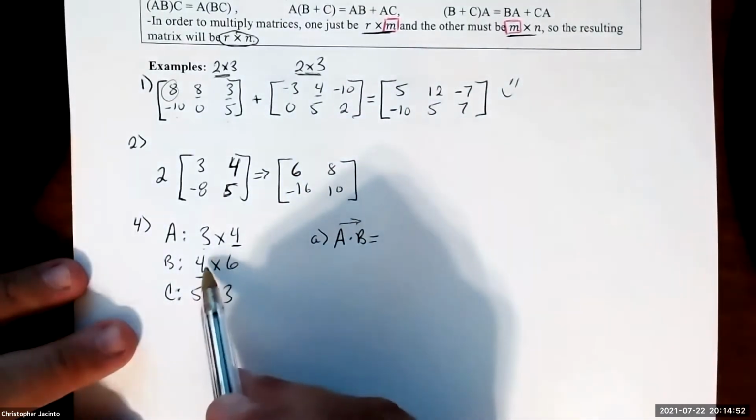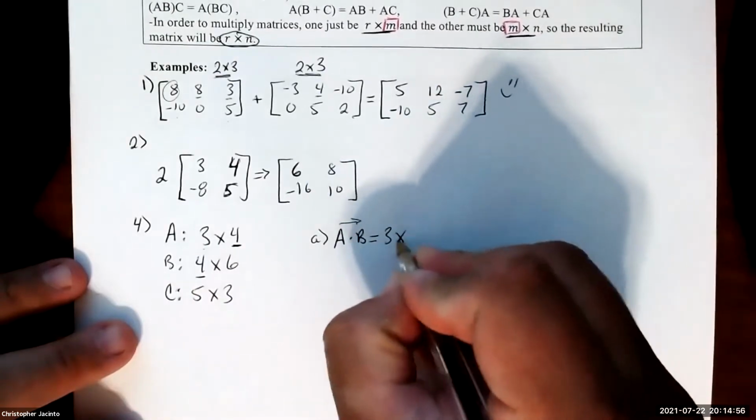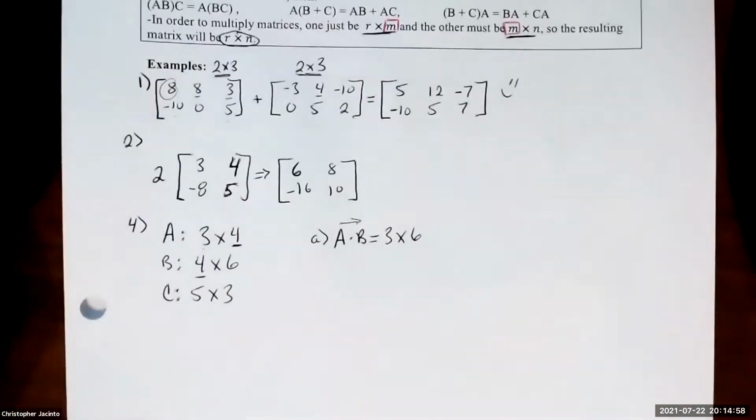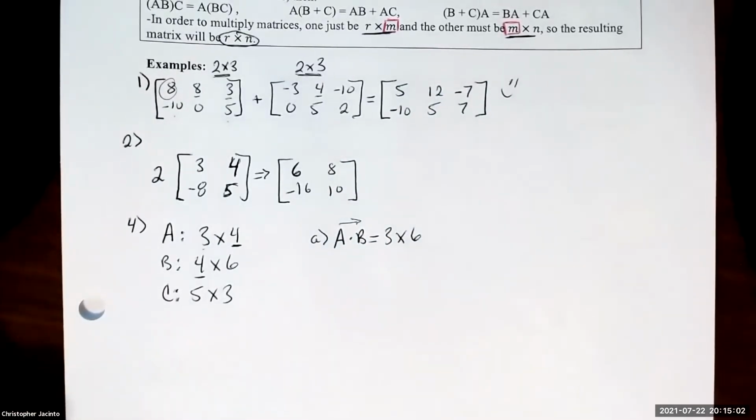So that's good. The resulting matrix would be a 3 by 6, so 3 rows by 6 columns. Questions on that? Everybody comfortable?